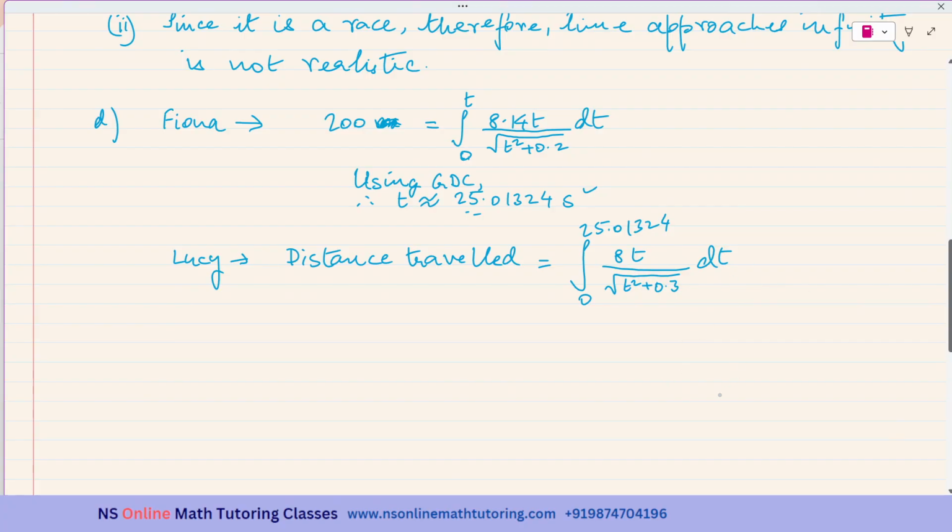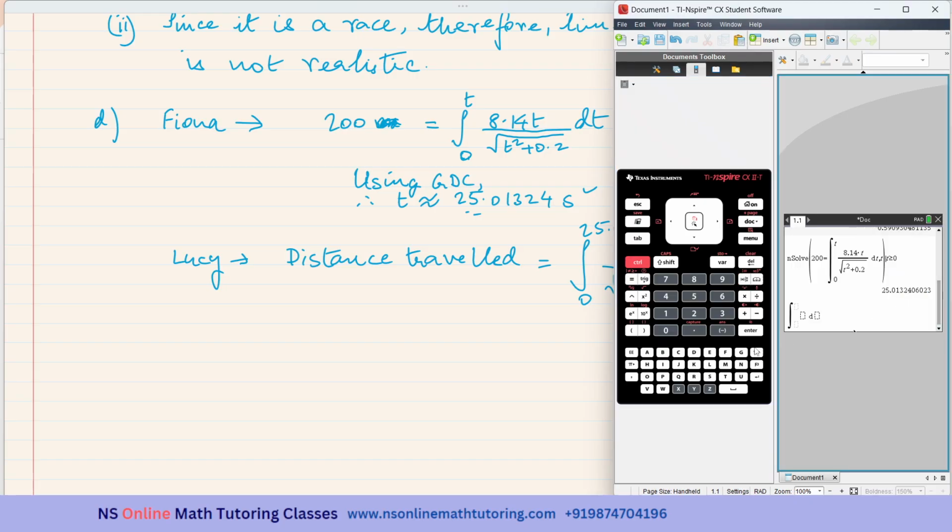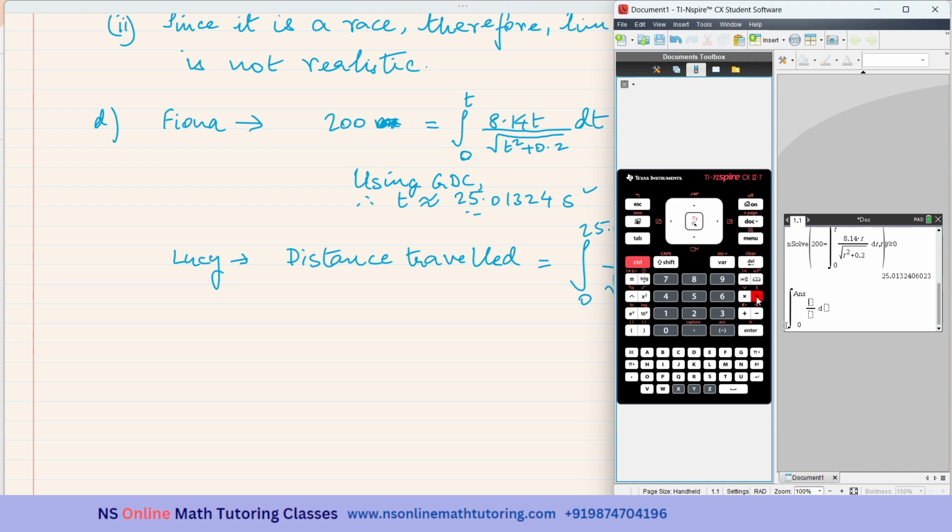This is a definite integral, so I do not need any nsolve now. So it is just this one and 0, and this I can take as the answer, and the integrand is 8t over square root of t square plus 0.3 and dt.